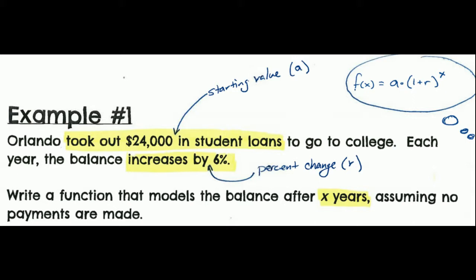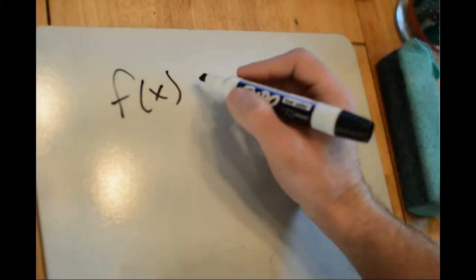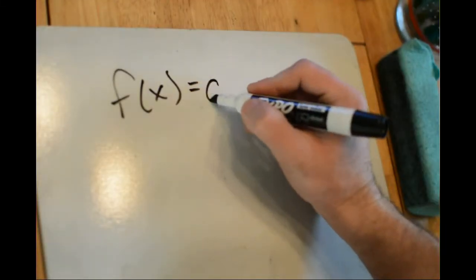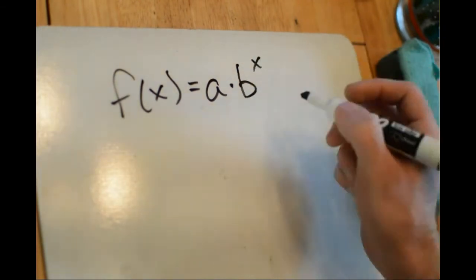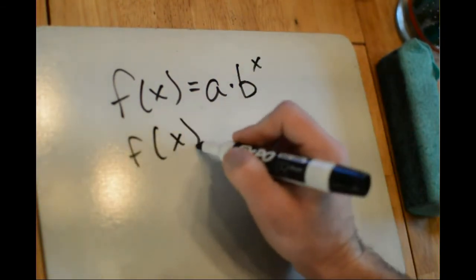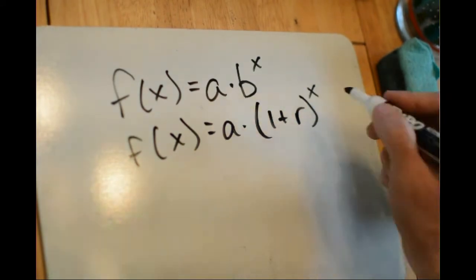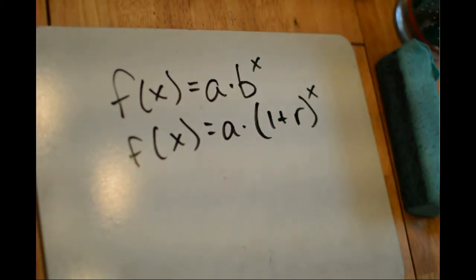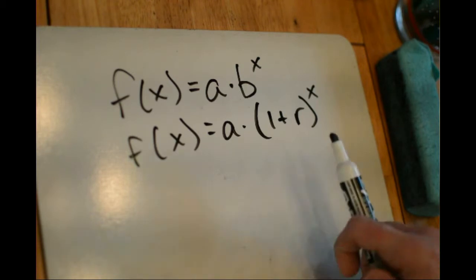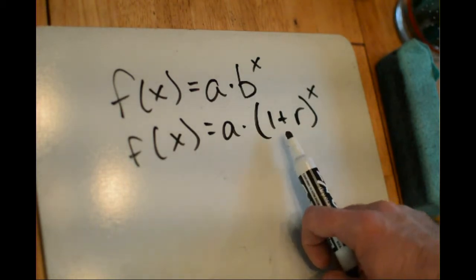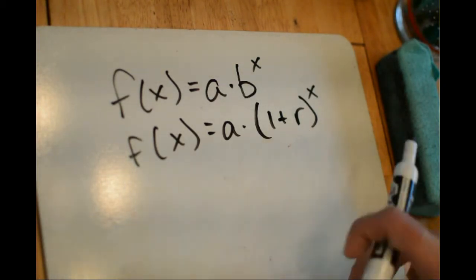So knowing that the form for an exponential function is a times b to the x, or for percent increases, a times 1 plus the percent change raised to the x, we can approach it a couple different ways. The best way to approach this one, since it's a percent increase, is probably to just use this second form because that's the one that's sort of built for a percent increase.